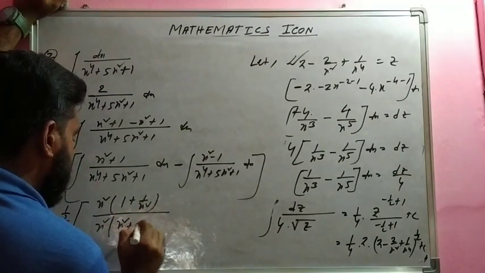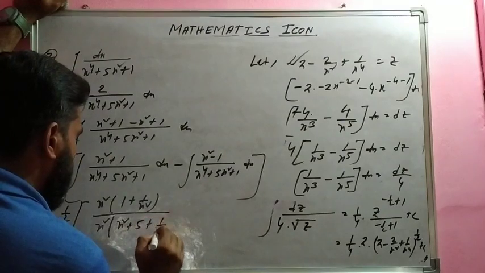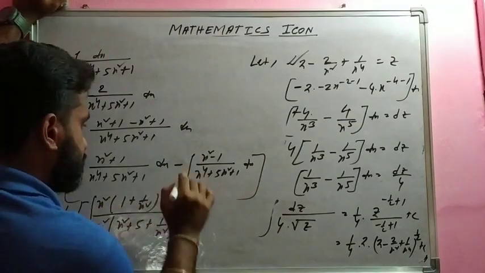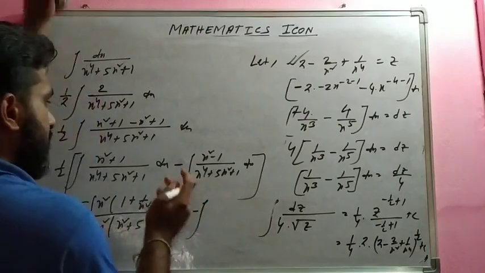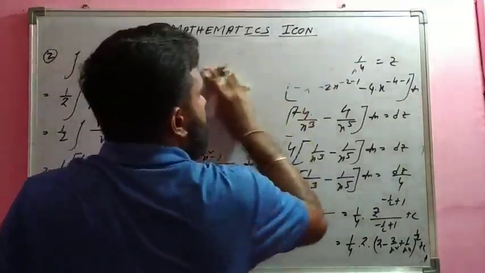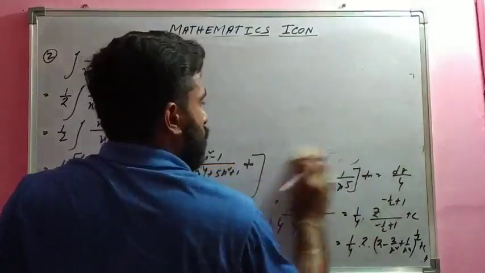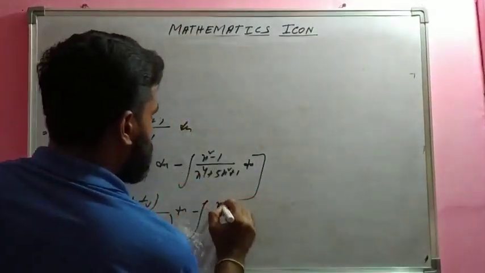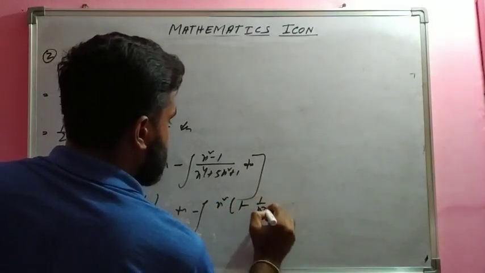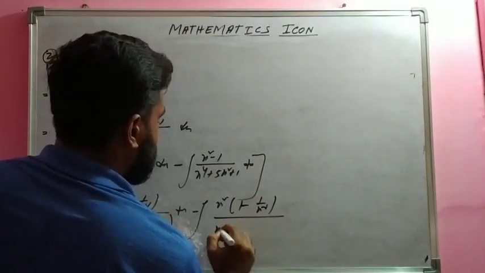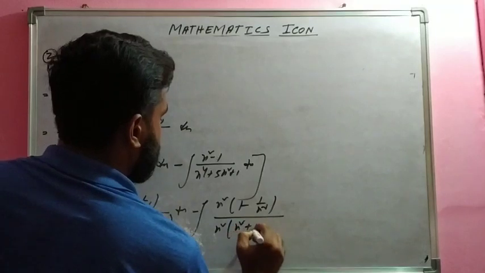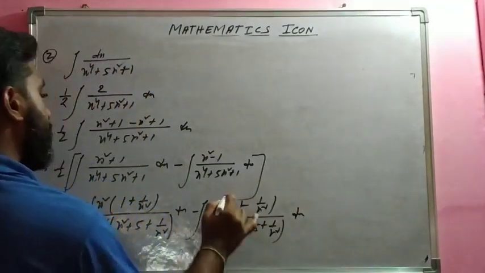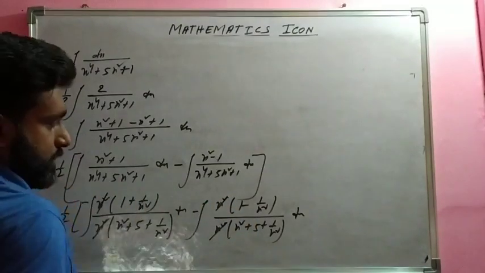That means x square (1 plus 1 by x square) over x square (x square plus 5 plus 1 by x square), dx. And here also the same thing, with minus: take x square common in the numerator and in the denominator. Okay, now x square (1 minus 1 by x square) by x square (x square plus 5 plus 1 by x square), dx. X square cancels, x square cancels.